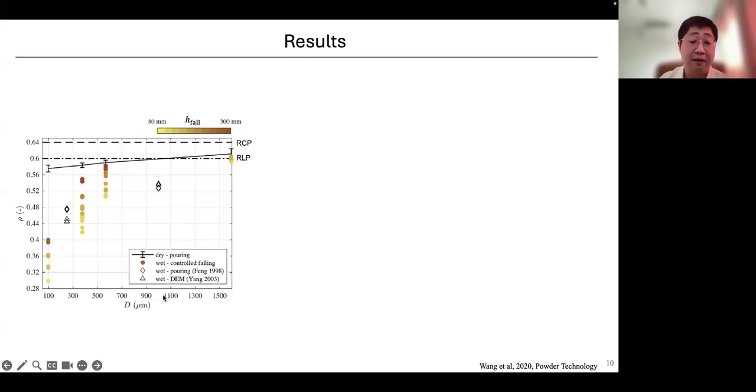First of all, we can see that as the particles become smaller, the overall packing fraction is smaller. At the same time, as the color goes from red to yellow, going downwards, the packing fraction also decreases, indicating that if you have a smaller free fall distance, then the packing fraction will be lower. The overall packing structure is more sparse.